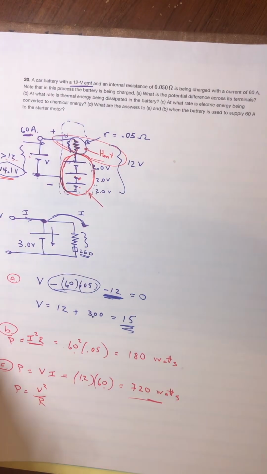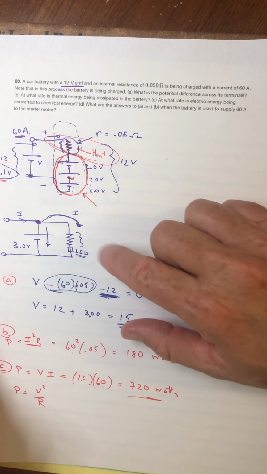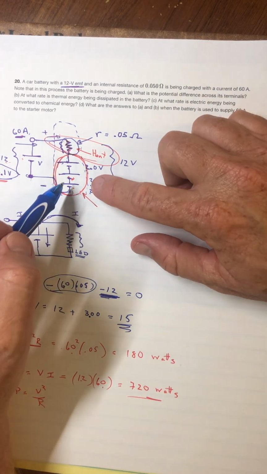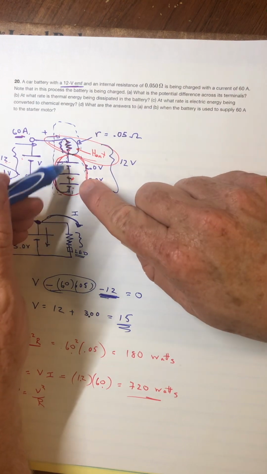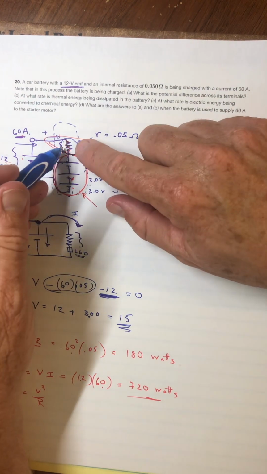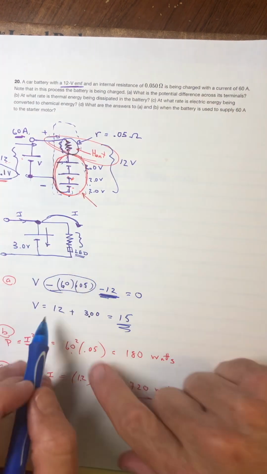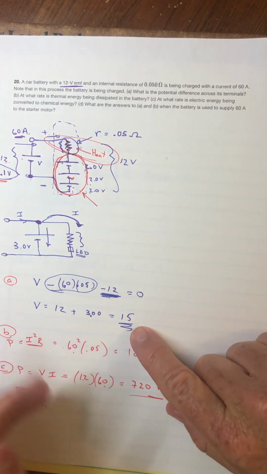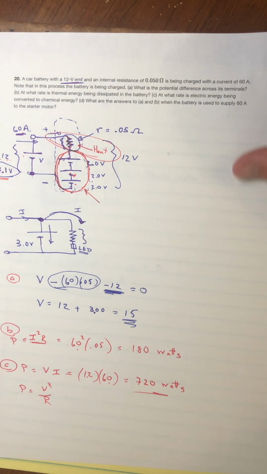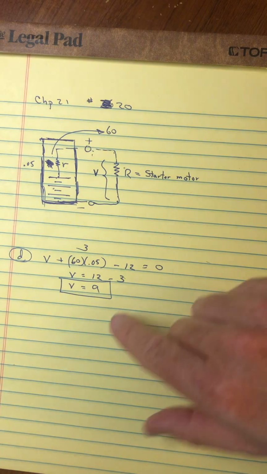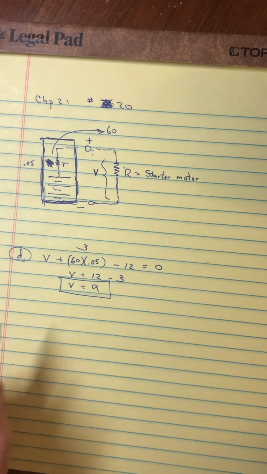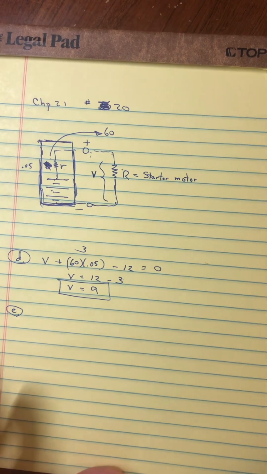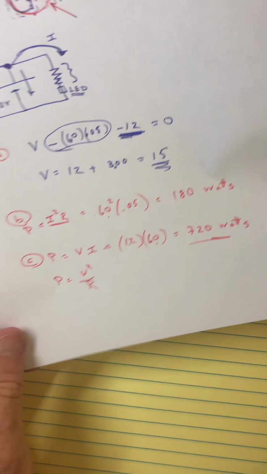Whereas when we were charging this battery, we needed to supply 3 greater than the 12, because we had to supply an energy of 12, but we would lose 3 along the way, which is why we had to supply 15. So charging it, we need to supply 15. Discharging it, we only get 9 after we lose the 3 from the 12. That's the important difference here.